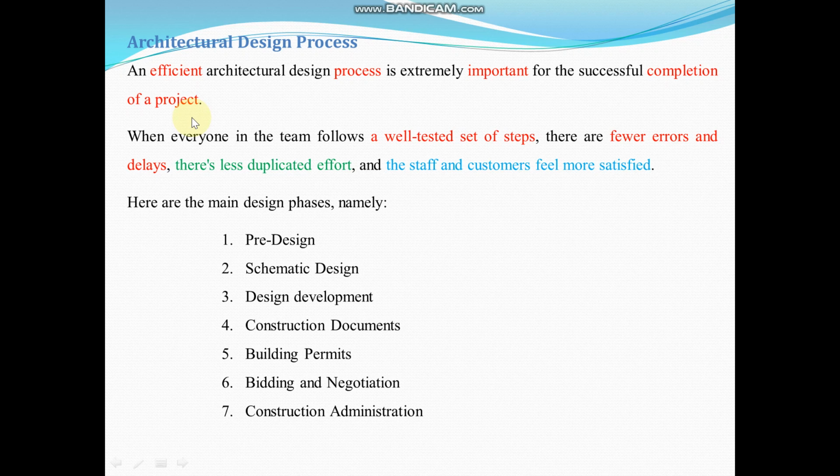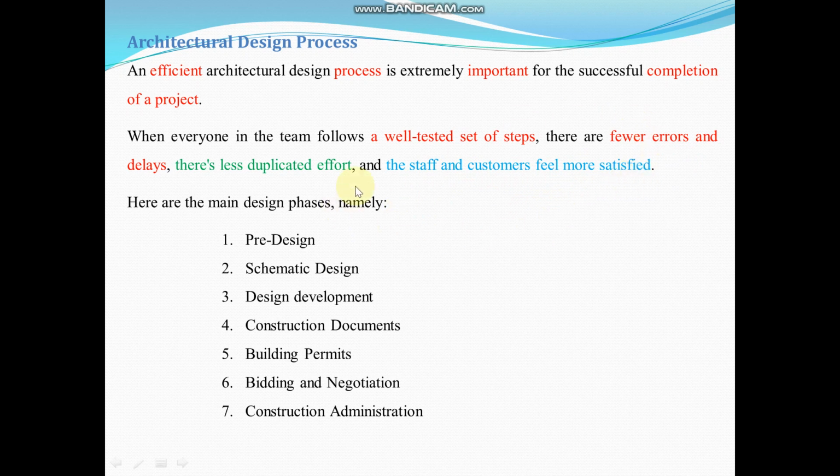When everyone in a team follows a well-tested set of steps, that means those 7 steps, there are fewer errors, fewer delays, and less duplicated effort, and the staff and the customers feel more satisfied.